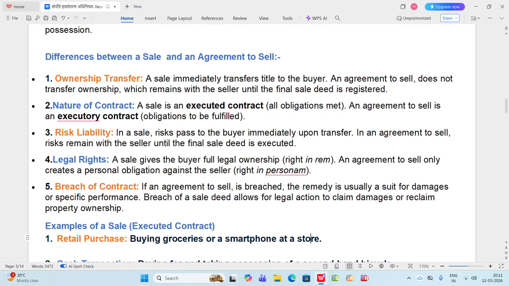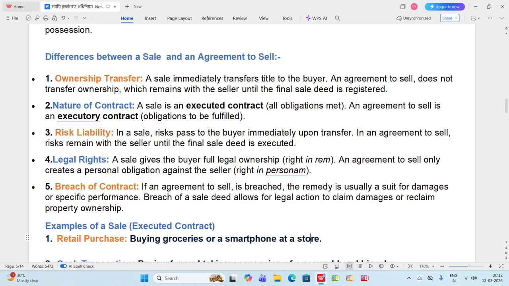Now breach of contract. There is also a difference. If an agreement to sell is breached, then what happens? The remedy usually is a suit for damages. You can claim a suit for damages or specific performance. But when there is a breach of sale deed, it allows for legal action to claim damages or reclaim property ownership.